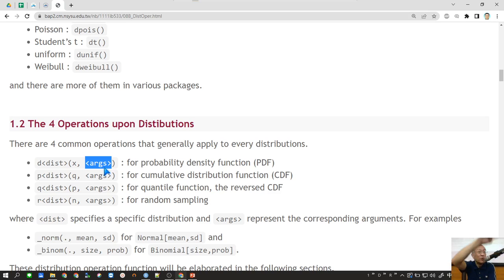For example, for the normal distribution, you need to specify its average and its standard deviation. For binomial, you need to specify the number of trials and also the success probability.